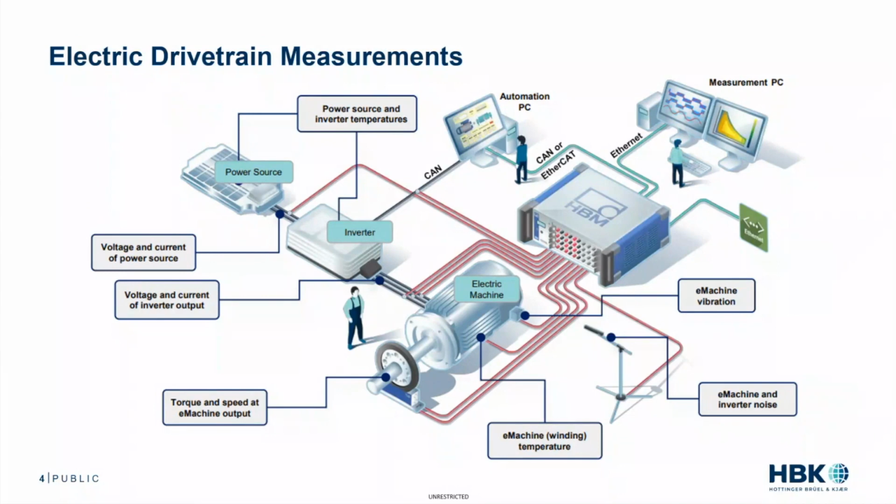So everything from voltages and currents, not only from the power source, but also from the inverter, maybe making temperature measurements, making torque and speed measurements, maybe some NVH for further development in that area as well, vibration measurements, and often communication protocols involve Ethernet cables. So we'll be talking about those kinds of things as well.